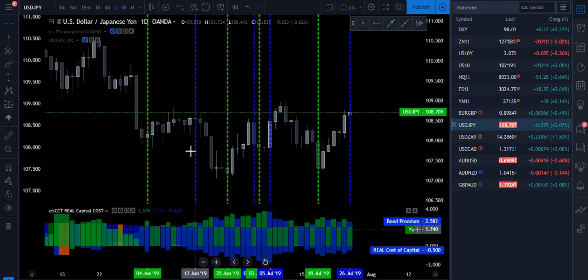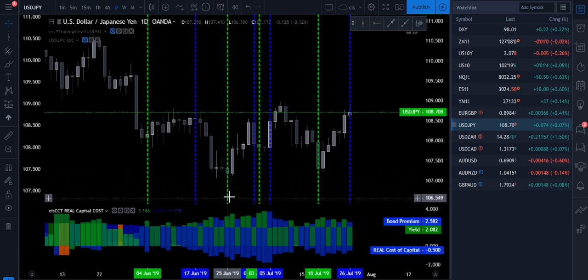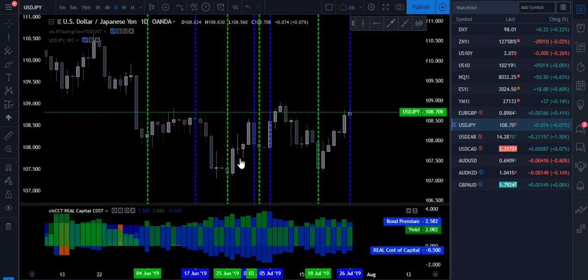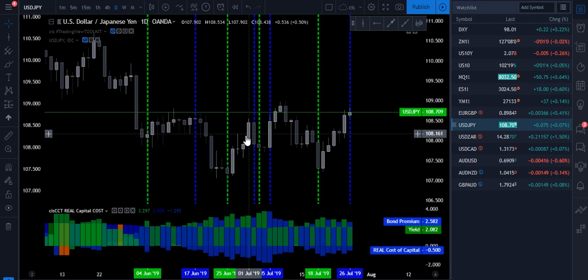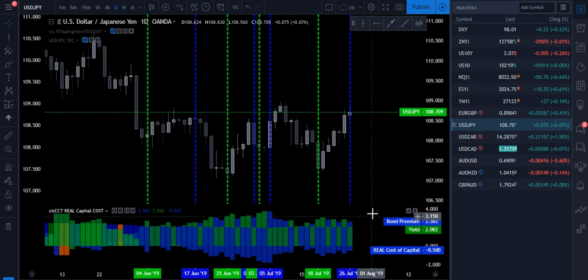And then you can see the sell condition right after this blue bar. When that sell condition comes up, you can see that markets start to move down. And then you get a buy condition at that peak low again, and markets start to move up in the US dollar, Japanese yen. So you can see how an underlying foreign exchange pair might trade relative to the performance that's established within the capital structures themselves.